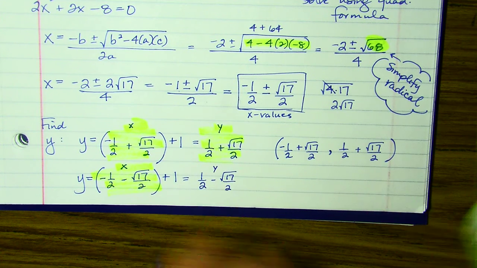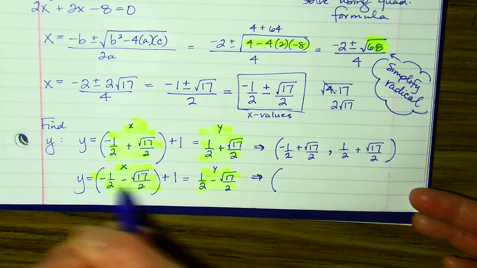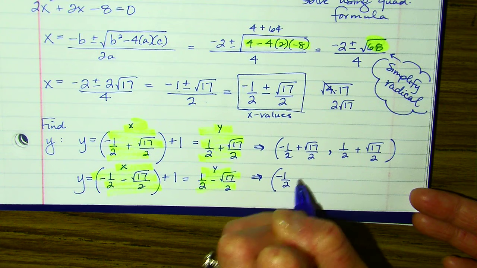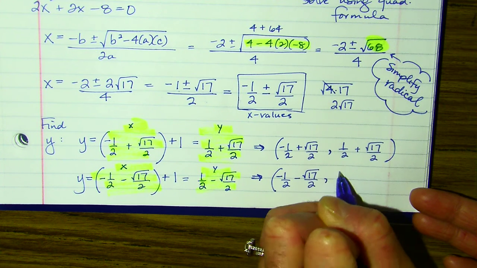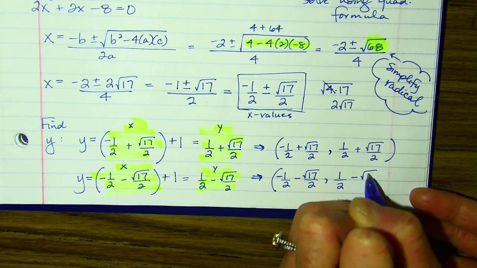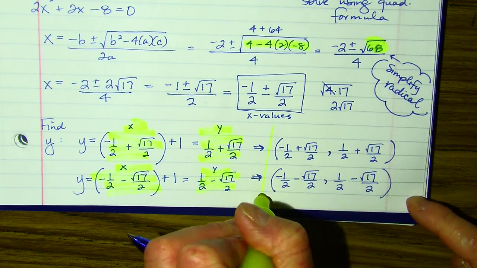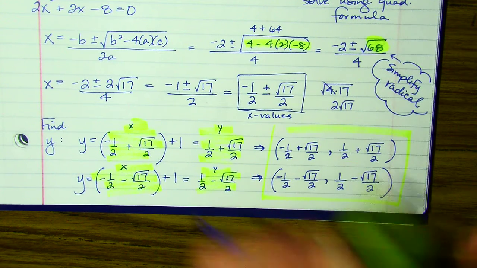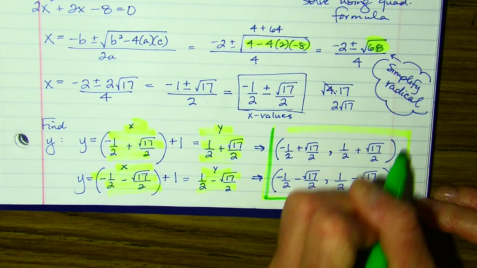So my next point of intersection, I plugged in negative 1/2 minus root 17 over 2, and for y, I got positive 1/2 minus root 17 over 2. And so these represent the 2 points of intersection between the line and the circle.